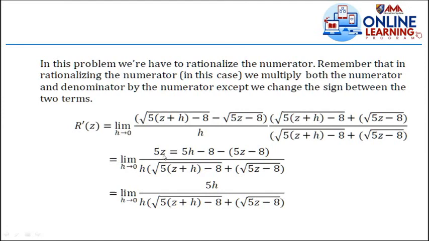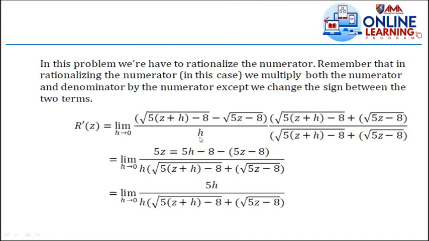So, what's left will be 5z. Ito na siya, no? 5z, and then plus ito, no? Plus 5h minus 8. Then, minus 5z minus 8. So, ganun po yun, no? Pag sinimplify natin yung numerator po nila. Yung denominator, ganun pa rin, no? Hindi siya nagbabago. Naka-multiply lang po siya sa h po. Okay?